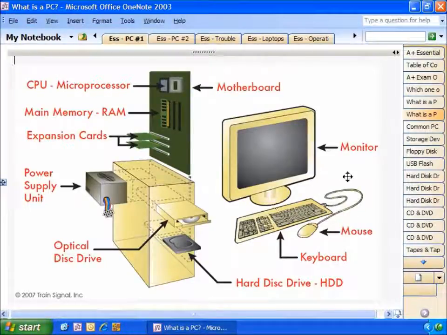Then you have some other pieces that are required really to make a PC usable. Really, all this over here is the personal computer. But without a monitor, you're not going to be able to see what's going on with the personal computer. So although the monitor technically is not a component of the personal computer, it's a separate component that hooks up to the personal computer.